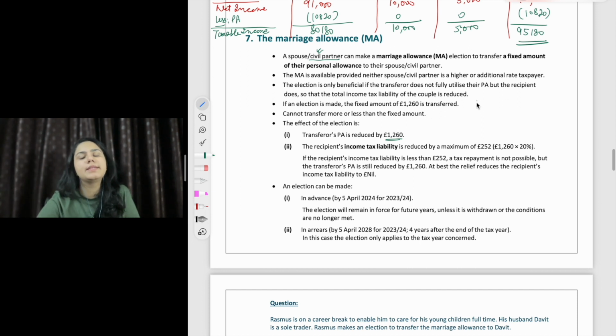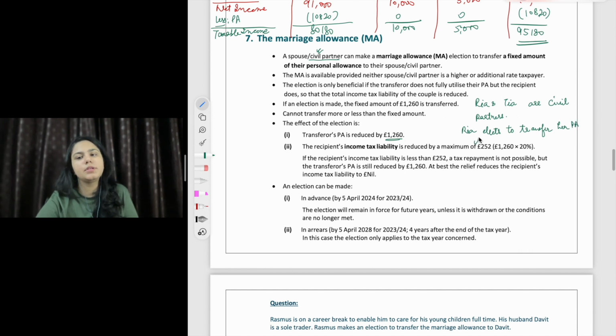For example, let's say Rai and Tia are civil partners. Rai elects to transfer her PA to Tia.